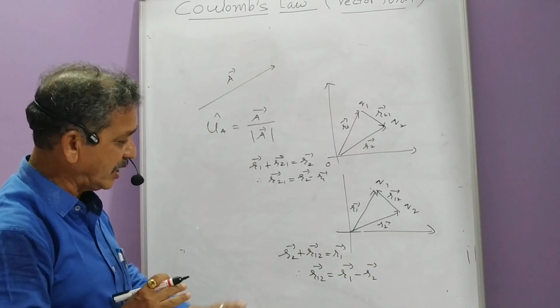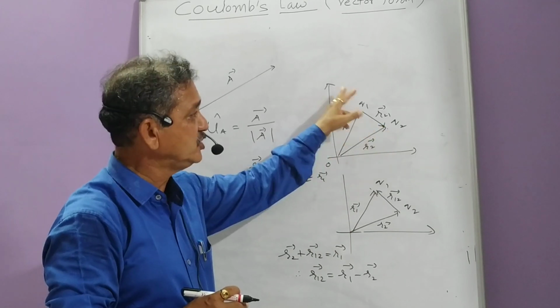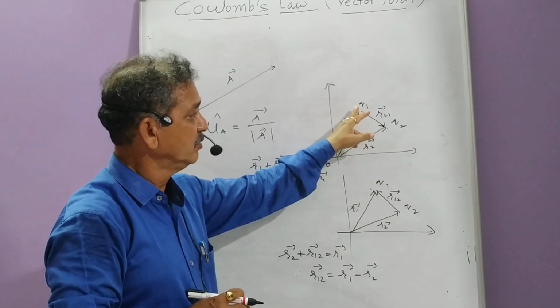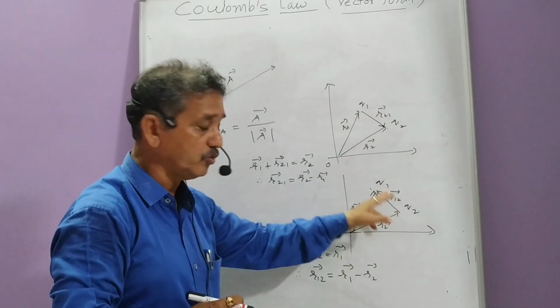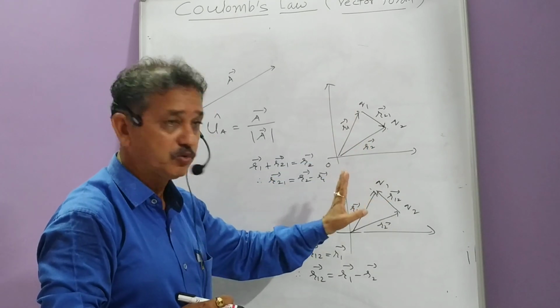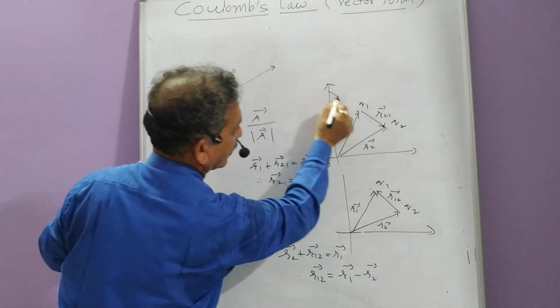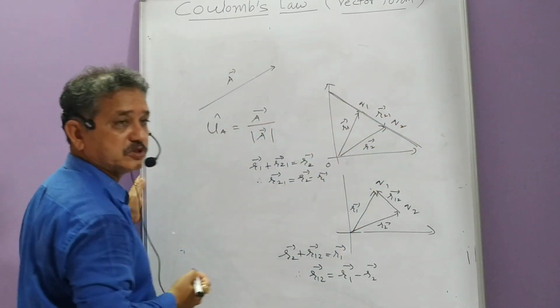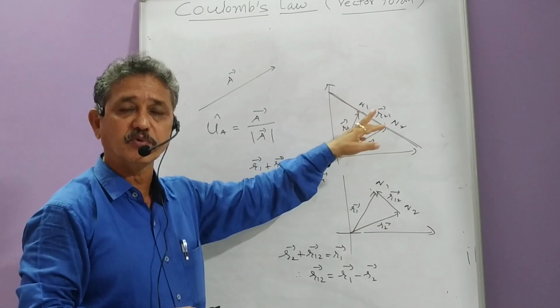In this way, after determining the vector along the line joining the two charges, either from Q1 to Q2 or from Q2 to Q1 as vector R21 or vector R12, along this direction the force is always there, and that force may be F21 or F12.